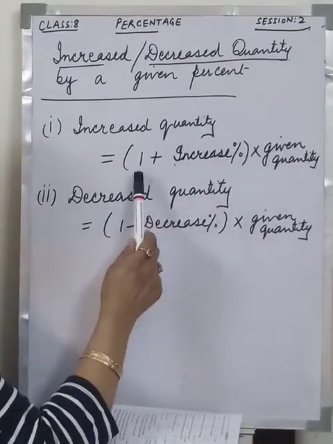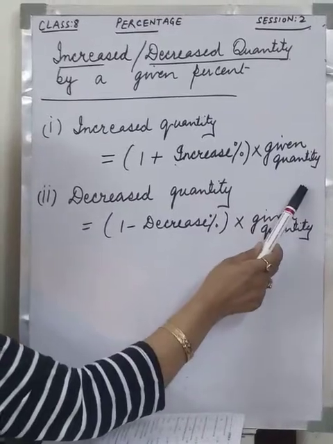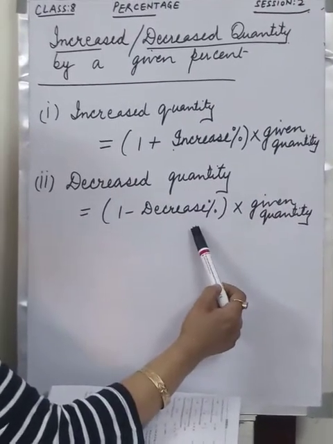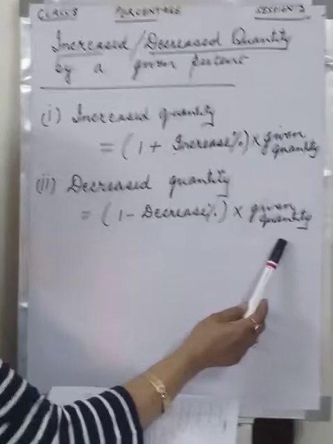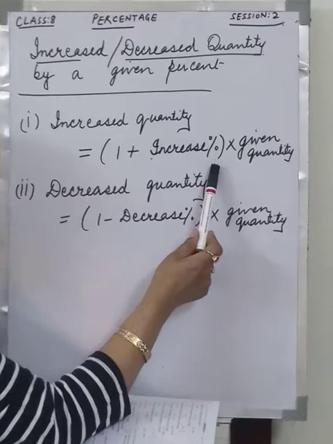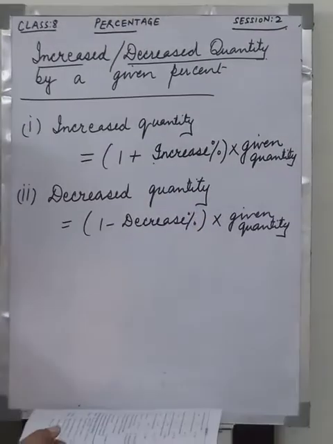Remember students, in increase percent we write 1 plus increased percent into the given quantity. In decreased percent we write 1 minus decreased percent into the given quantity. Do not forget to convert percentage into a fraction by writing 100 in the denominator in both increase and decrease.